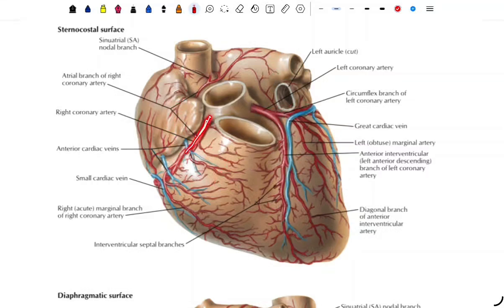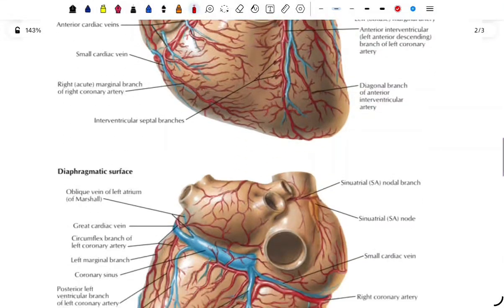The right coronary artery has two branches. This is called the right marginal branch, and one branch leads to the posterior surface of the heart.